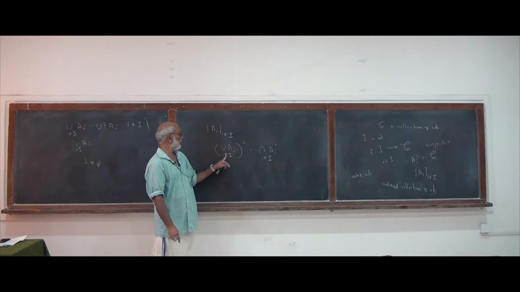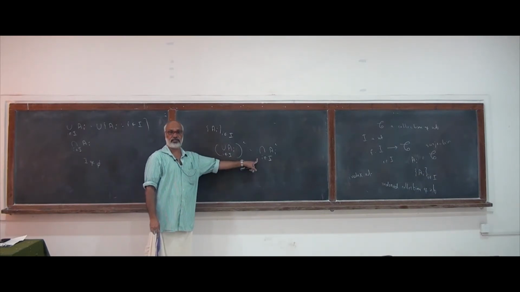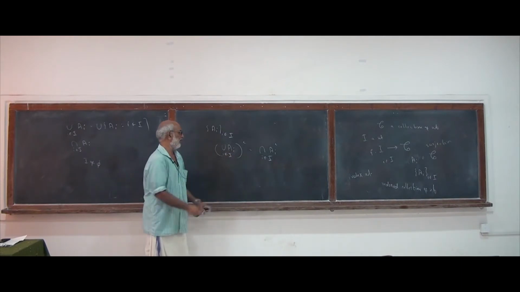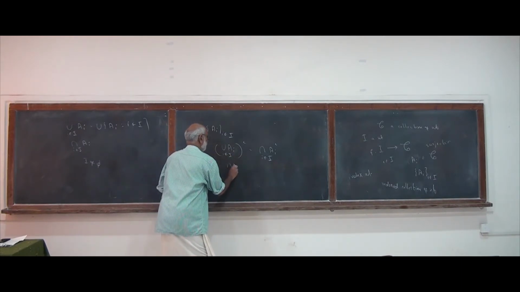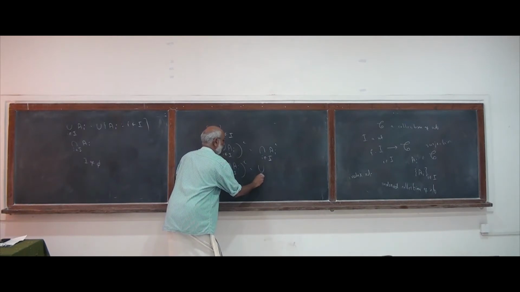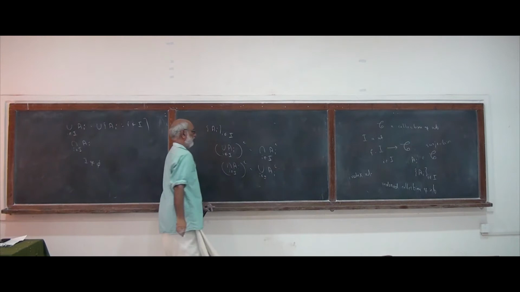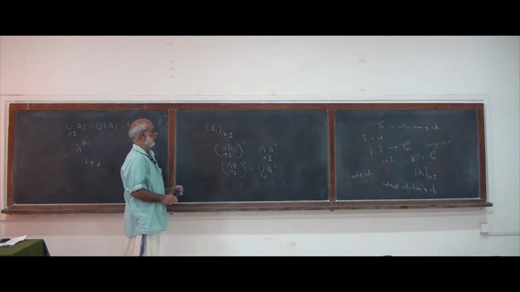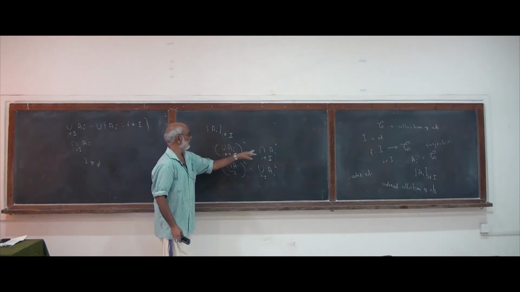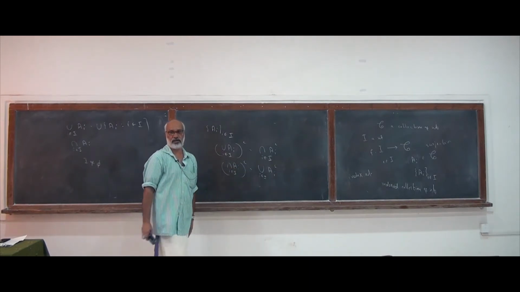That is, the complement of a union is the intersection of the complements, and the complement of the intersection is the union of the complements.